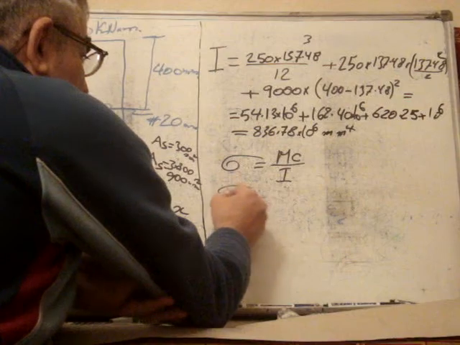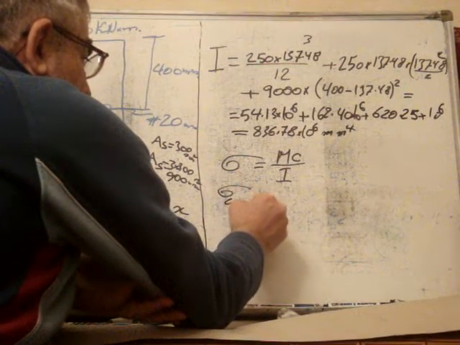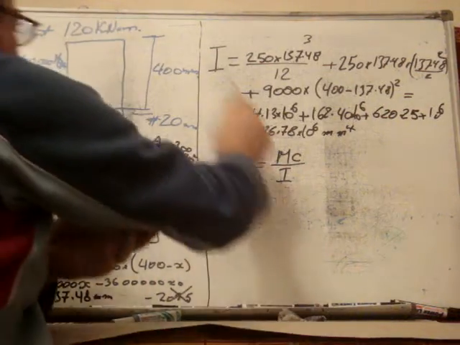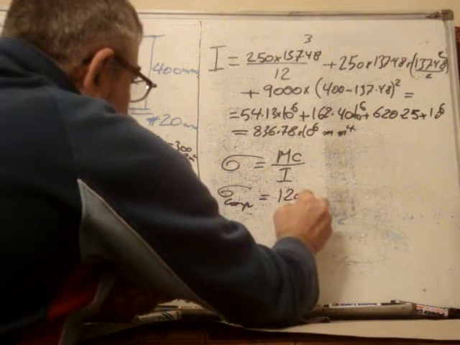Now sigma for the compression side, that means the top side, will be equal to the moment, 120 kilonewton meter.